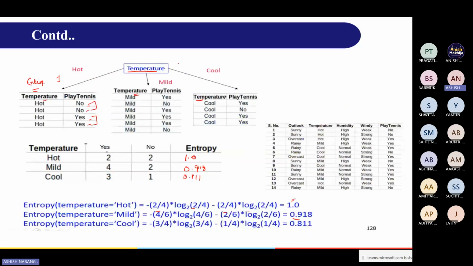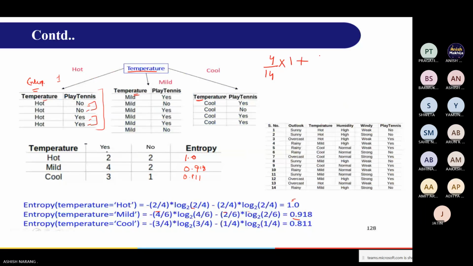Okay. How should I calculate the weighted average now? Please tell me, what should I write? How many records here? In the first one, 4. Divided by 14, multiplied with 1.